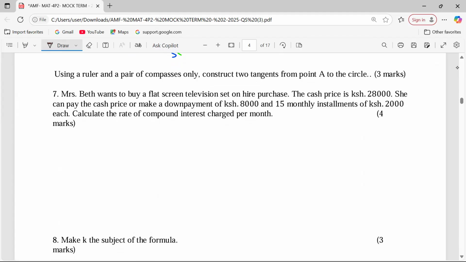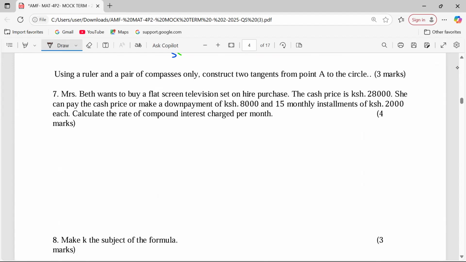Therefore, it is the balance from the cash price after deposit has been made that becomes the principal. It is what shall earn interest. Then it will earn interest until the amount is equal to the total installments that are paid.